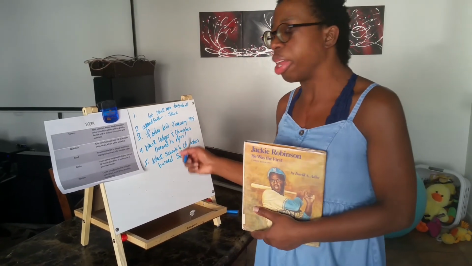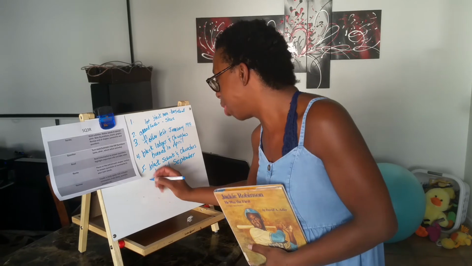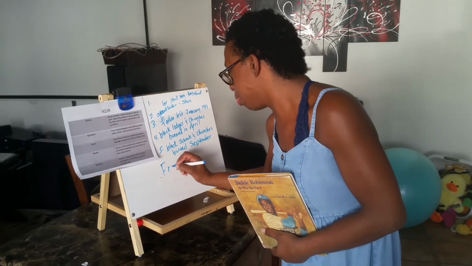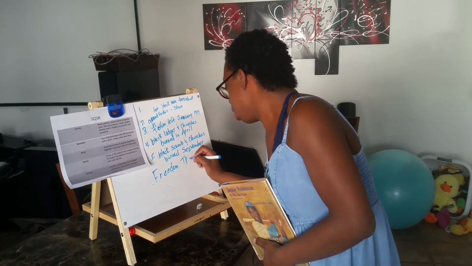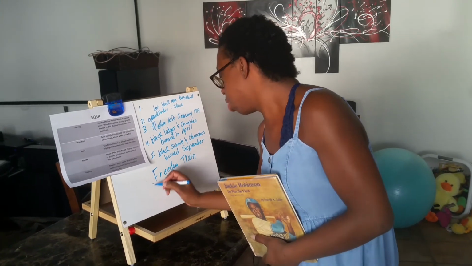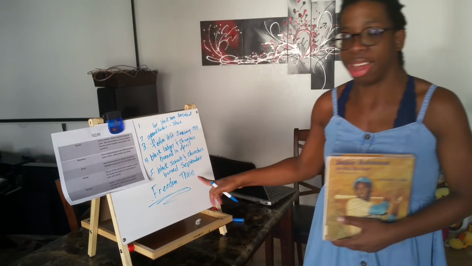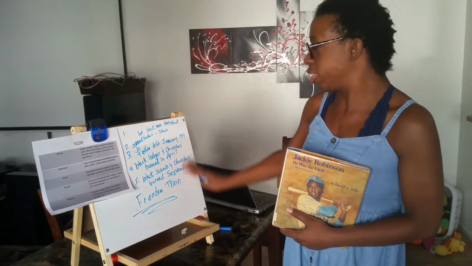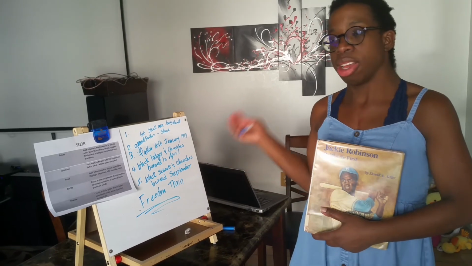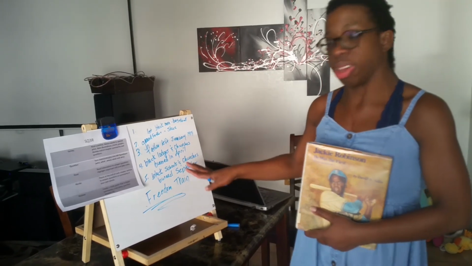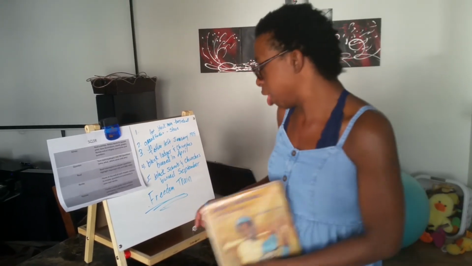And those are important because that caused his mom to take them on the Freedom Train. So that's the main point of that chapter, all of this stuff caused his mom to take them on a train to move away from Georgia because they needed to get away from there.